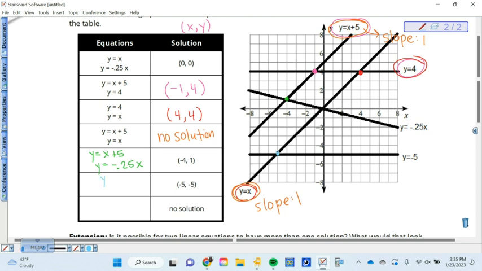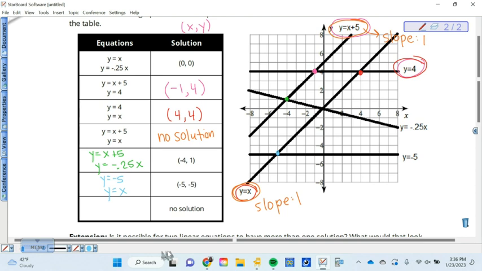Y equals -5, and what's the other one? And y equals x. And then what about two lines that have no solution? Perfect. What about another pair? I guess we already said the other one. Y equals x plus 5 and y equals x. What about this line? Y equals -0.25x and y equals -5.